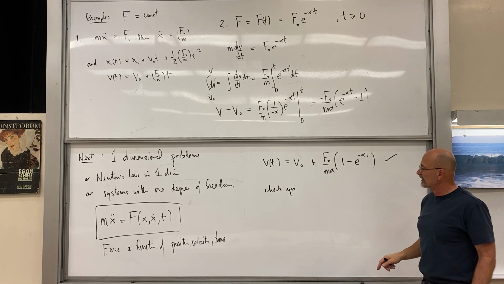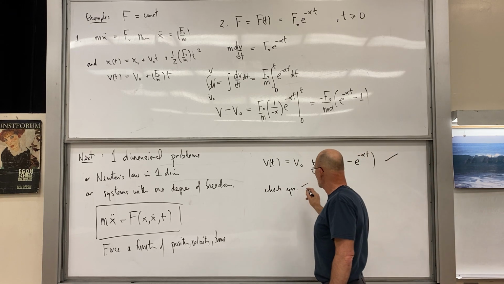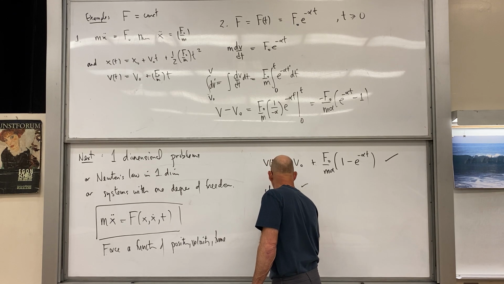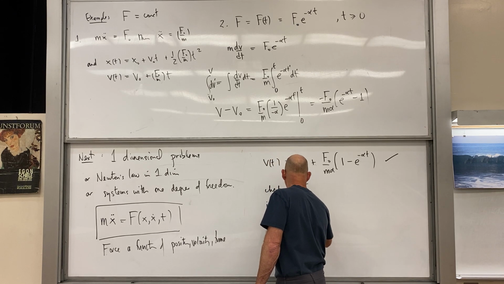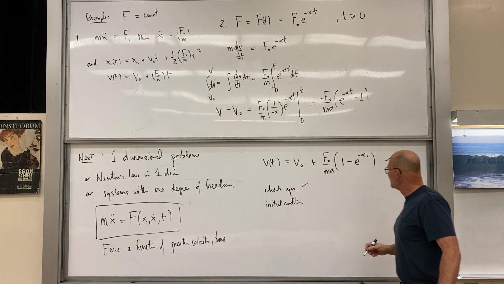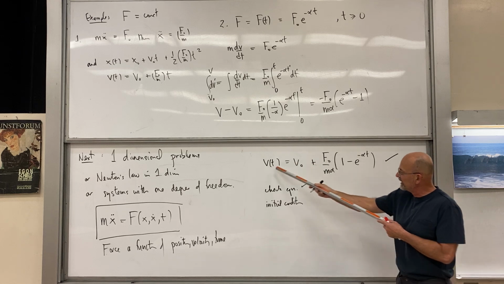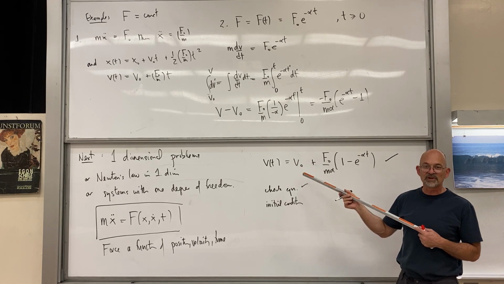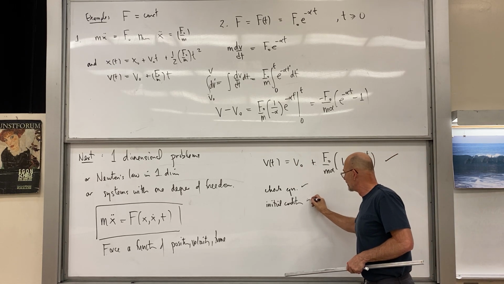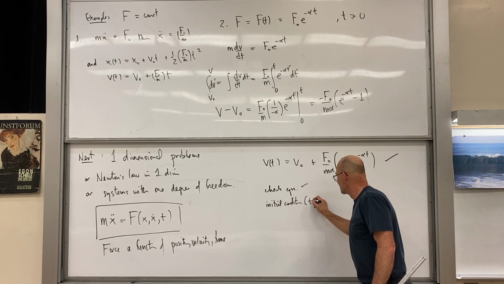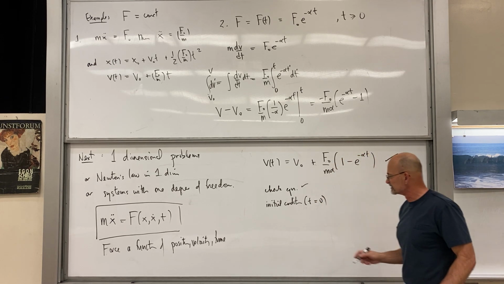So we're good. So we checked the equation, and then initial condition. Well, when t is equal to 0, this cancels, and v is equal to v0. So we've got the initial condition as well.